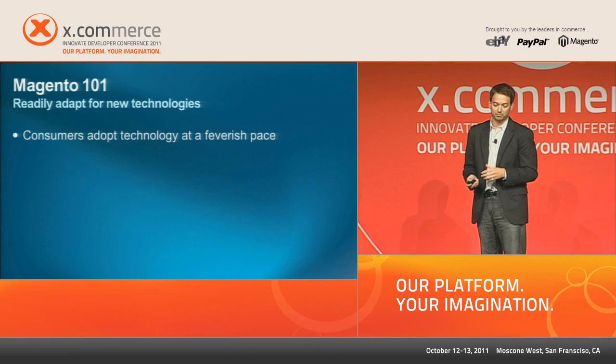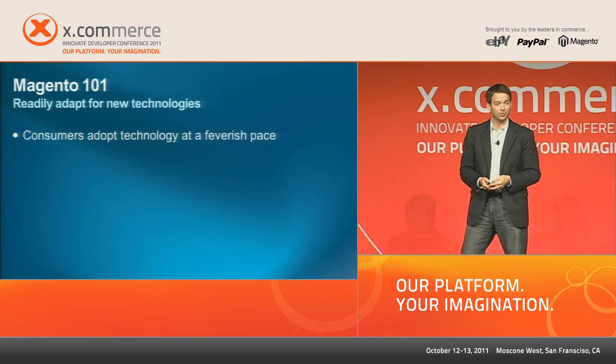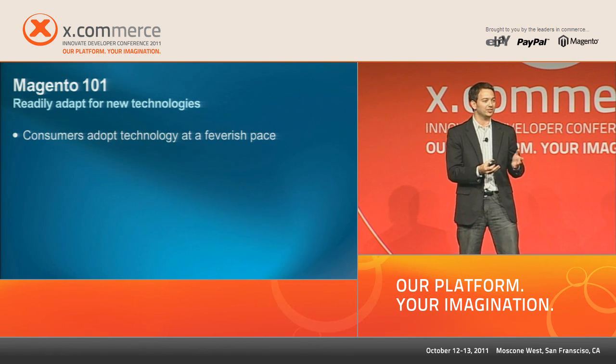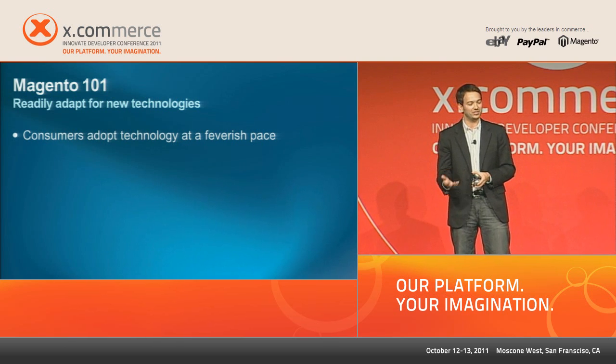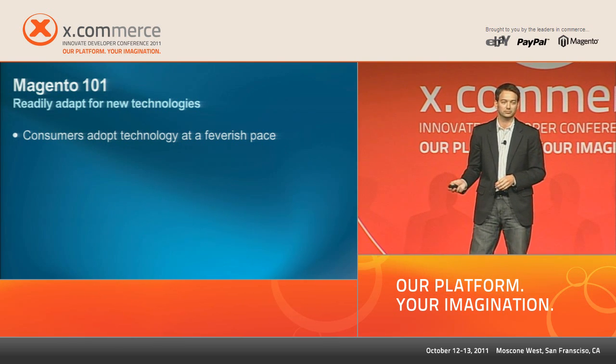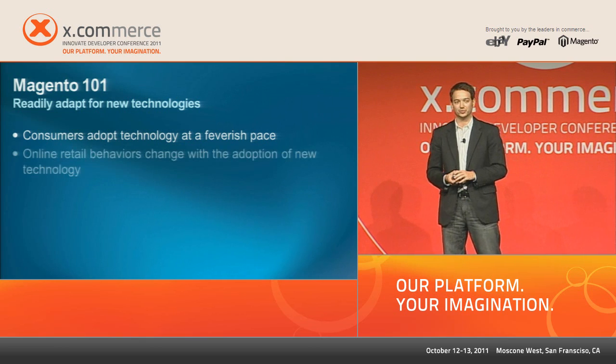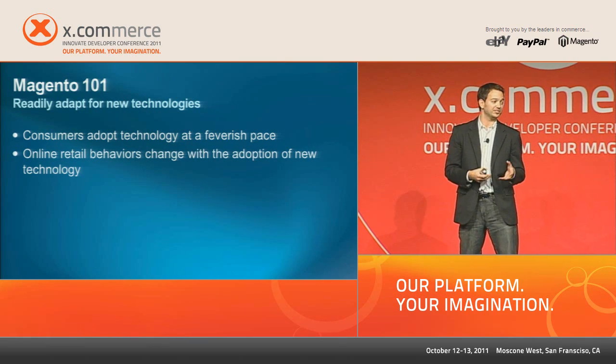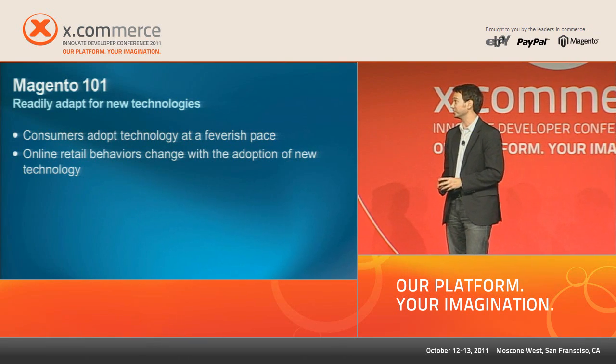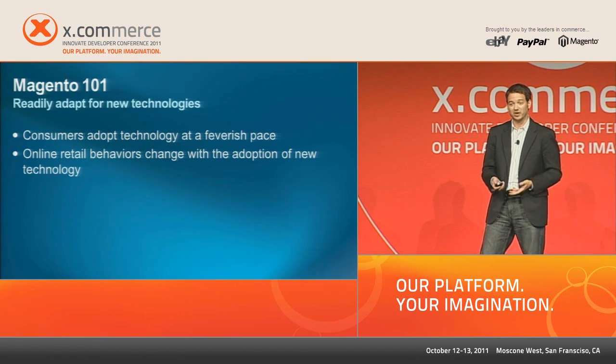Again, people adopt this technology at a feverish pace. So what is not even on your radar today could become a thriving channel tomorrow. Because we can't predict this, we have to make sure the solution we're on has the ability to adapt with that technology as it changes. And online retail behavior changes.